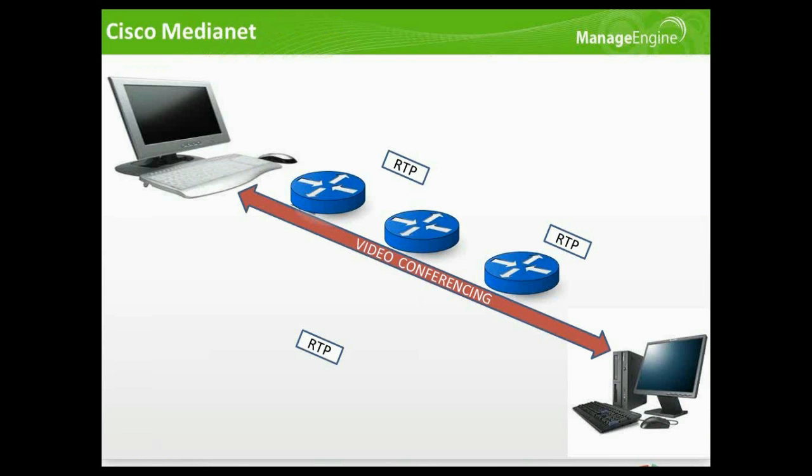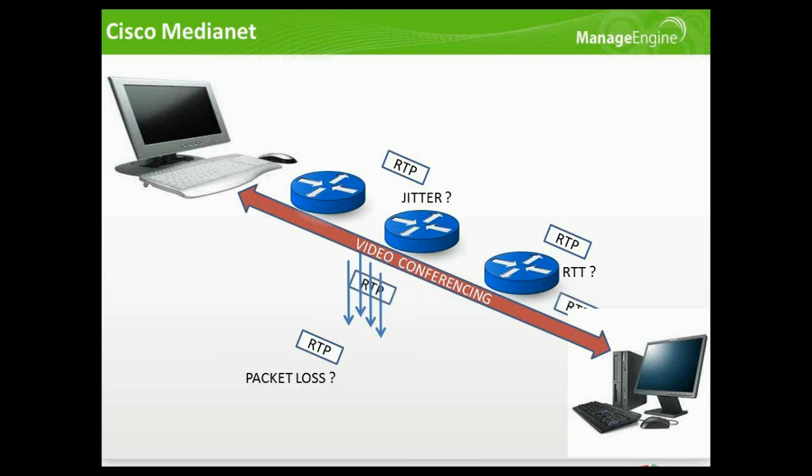As more and more enterprises adopt video for various purposes, like Cisco TelePresence, Cisco WebEx, or IP surveillance, there are many performance metrics you will have to keep track of. You would need to know if there is packet loss, jitter, what the delay is, and what the round trip time is.